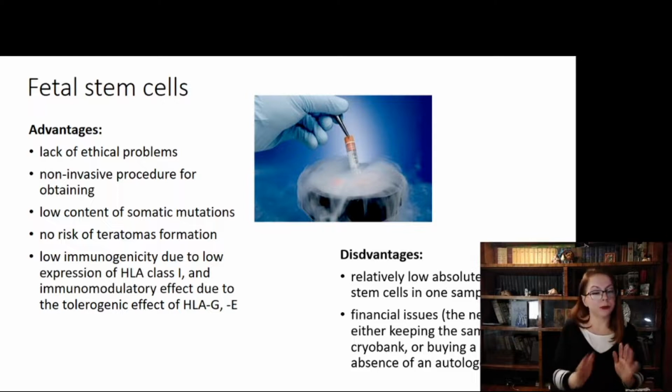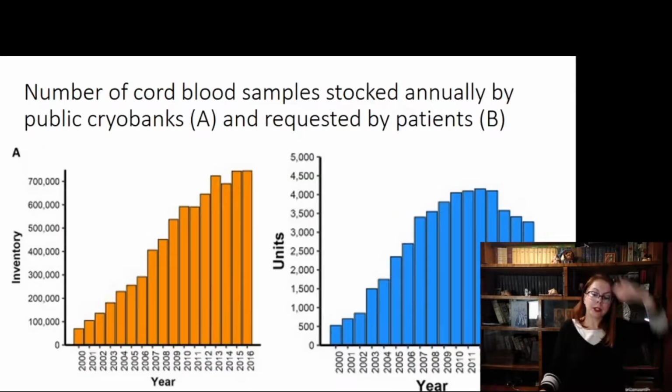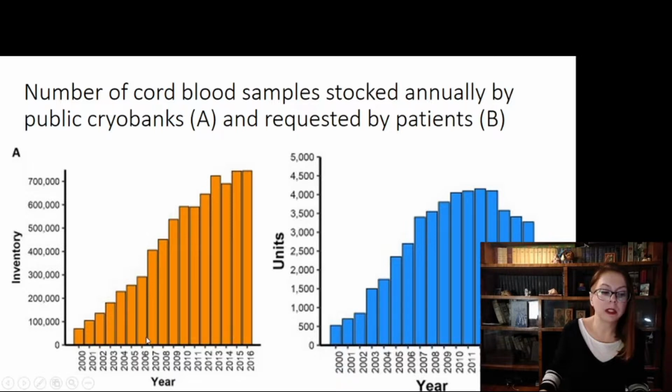Okay, so that's what we have to say about the advantages and disadvantages of fetal stem cells. And now, why umbilical cord blood is not so perspective as one might think. Here, the two dynamics are shown. This is the dynamics of cord blood units which are preserved every year. So, how many cord bloods are sequestered in cryobanks?